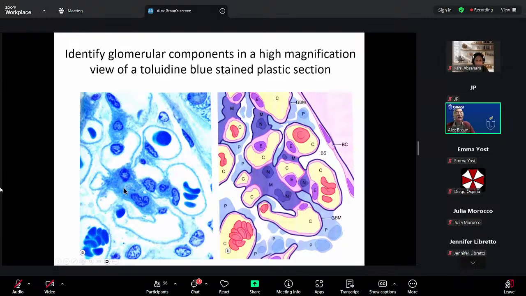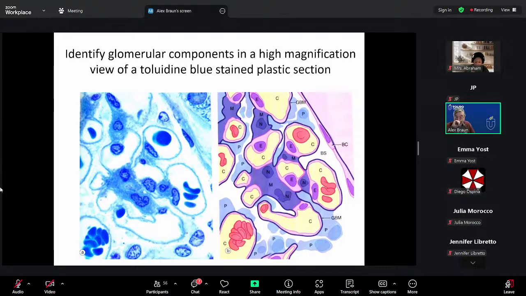Now, mesangial cells have several important functions. They are contractile. They may help control the diameter of some of these capillary loops. They are phagocytic. They may help remove protein aggregates and other materials which may get caught in the glomerular capillary filter.